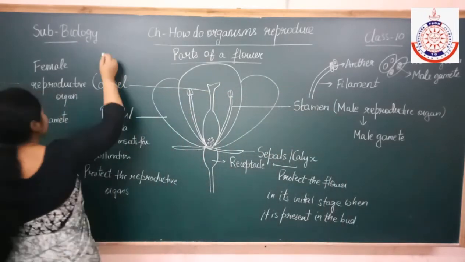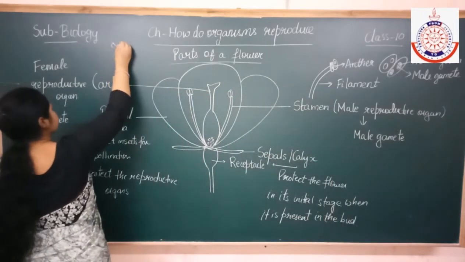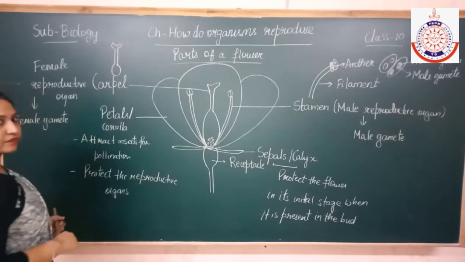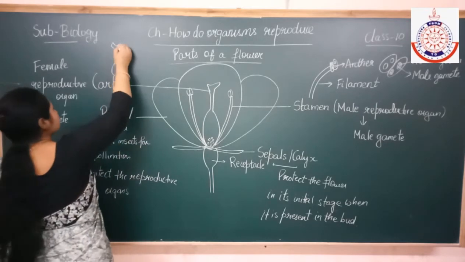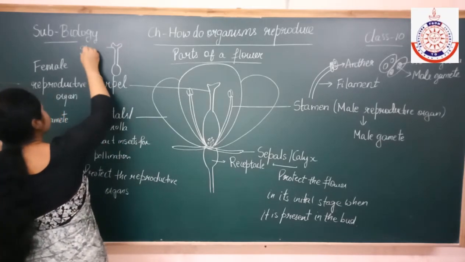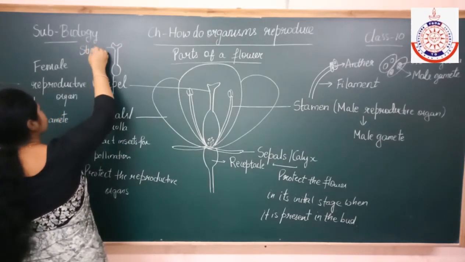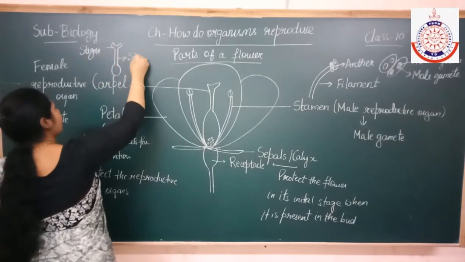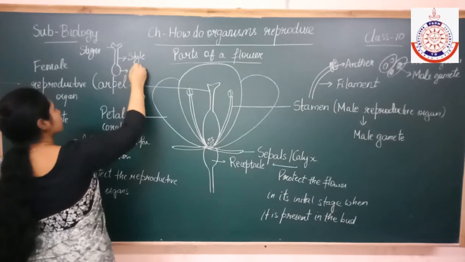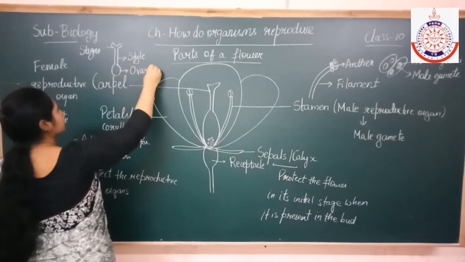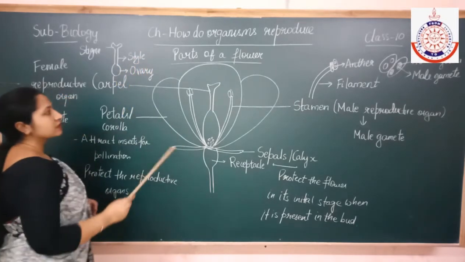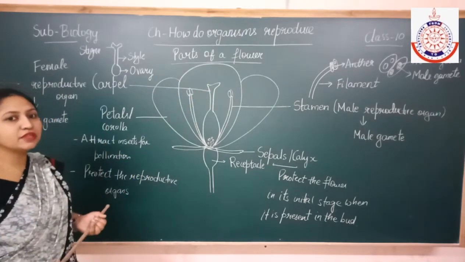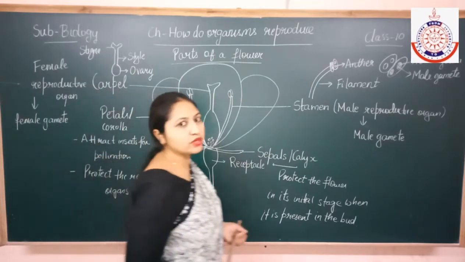Carpel consists of this structure. This is the stigma, this is the style, and this is the ovary region. The stigma receives the pollen grains during pollination.